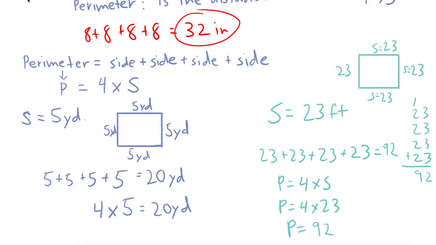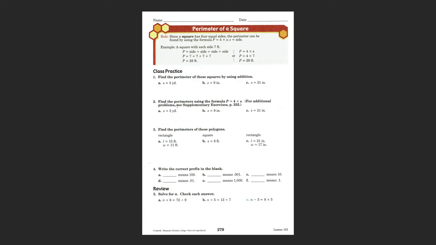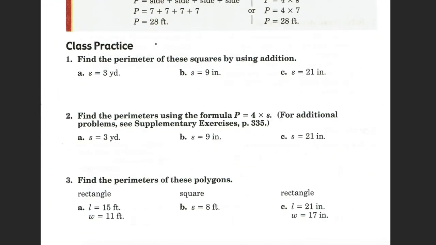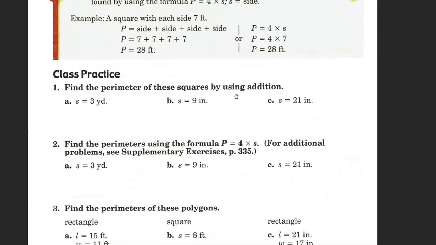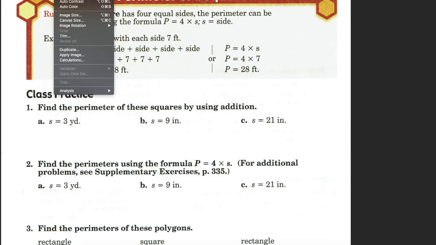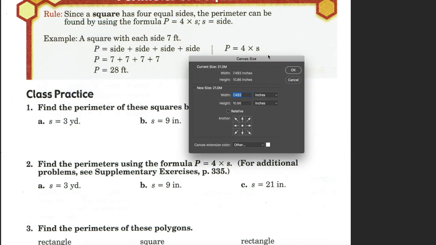So let's look at our worksheets here. Okay, so this is the first one. It says find the perimeter of these squares by using addition. Okay, and it tells you S equals 3 yards. I'll make some space here.